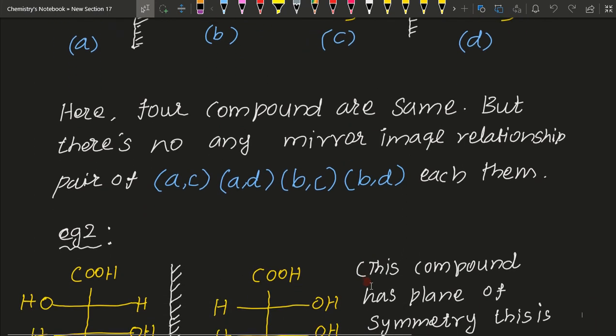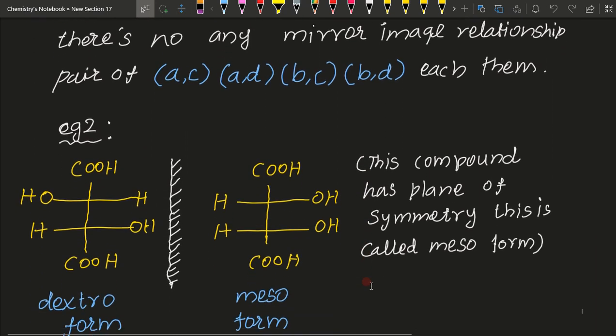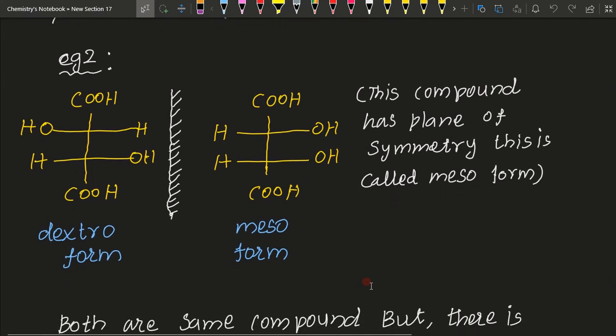Example 2: see, this is the tartaric acid and mirror images. This is the meso form, not the levo form, because this compound has a plane of symmetry. This is called a meso form. So this compound is symmetric and does not give optical activity.